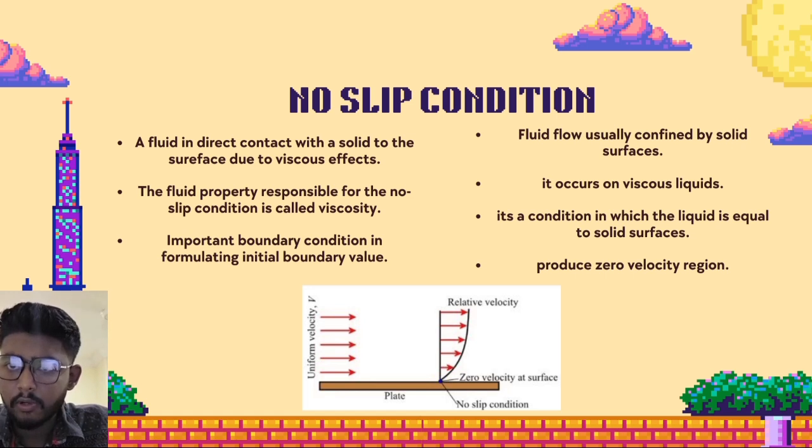Next, it is an important boundary condition in formulating initial boundary value problems. The next one is fluid flow usually confined by solid surfaces. Then it occurs in viscous liquids. It is a condition in which the liquid velocity is equal to the solid surface. And lastly, it produces a zero velocity region.